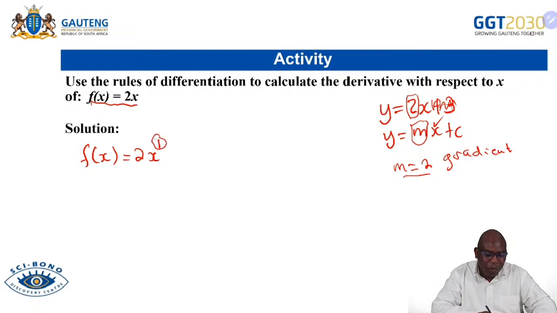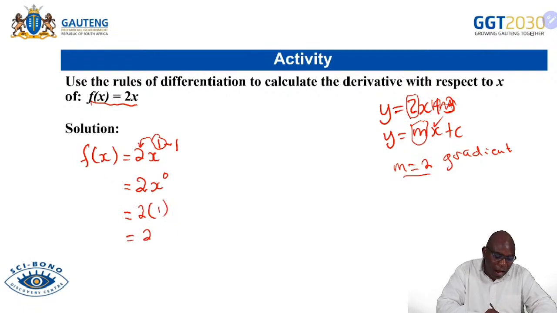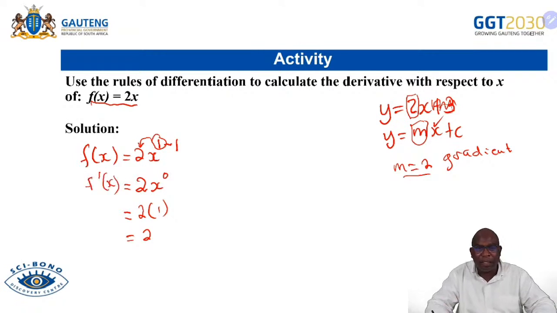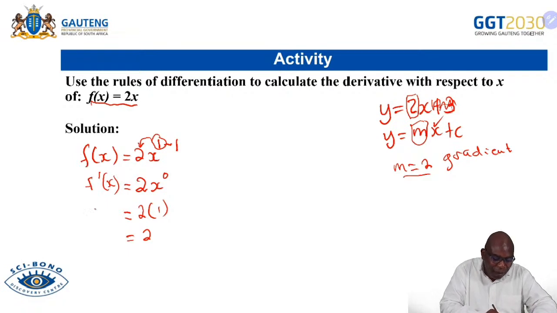We take the 1, multiply it with the 2, and I get 2. Then from the 1 there, I subtract 1, so I get x to the power of 0. x to the power of 0 is 1, so I'll have 2 into 1, and my answer will be 2. Because I've differentiated, I put that sign there.